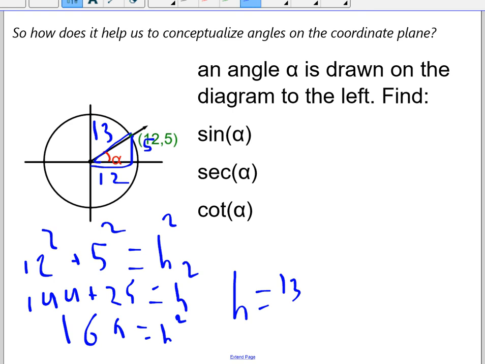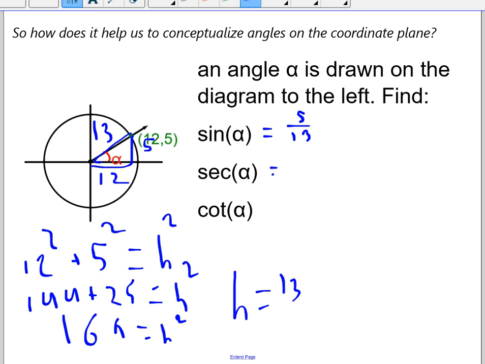And now we have all three sides of that right triangle, and sine is going to be the opposite over the hypotenuse. So what is sine? 5 over 13, because that 5 is opposite of our marked angle. Secant. Secant is the reciprocal of cosine. So cosine is adjacent over hypotenuse.